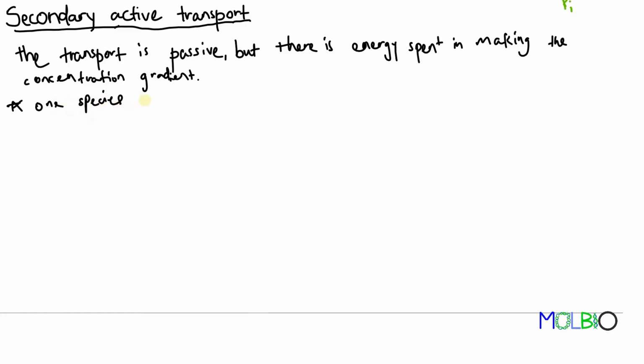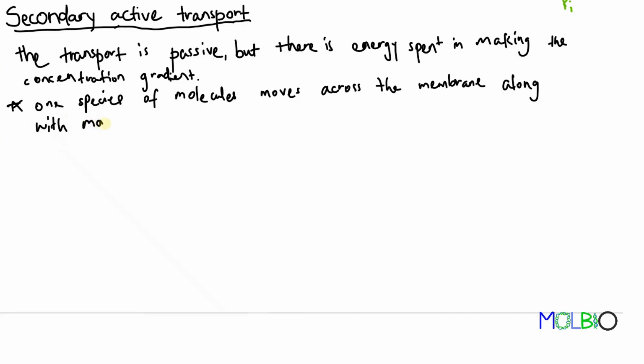So one species of molecule is getting transported along with the movement of another species across the membrane. Now, as you see, two different molecules, two different species, are moving across the membrane. It also raises the possibility of directionality of their movement.